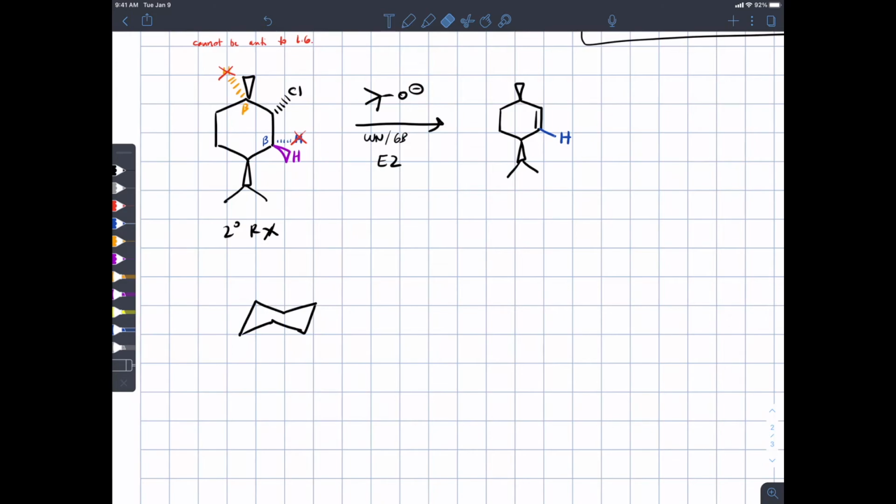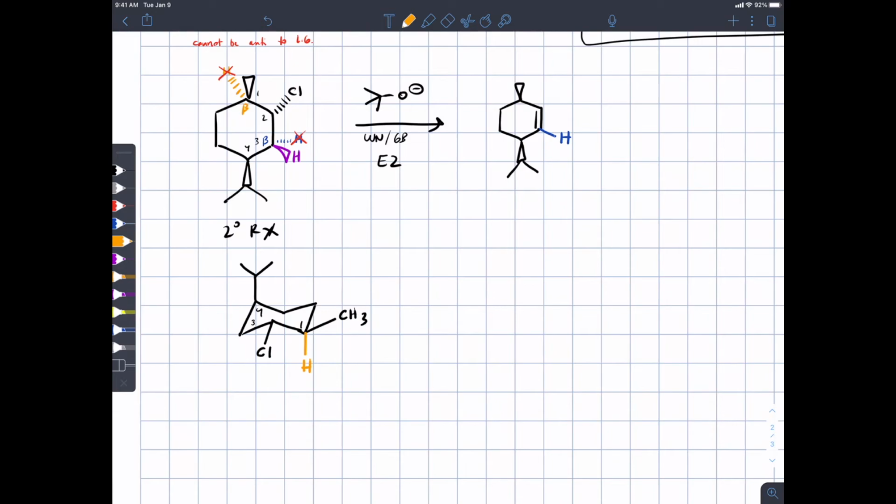Actually, let's put the methyl group here and the isopropyl group here. 1, 2, 3, 4, 1, 2, 3, 4, both are up. And then on carbon 2, the chloro group is down.